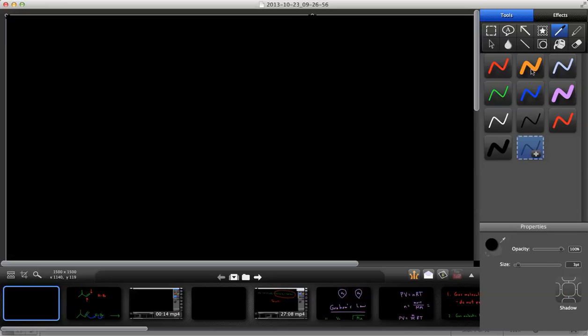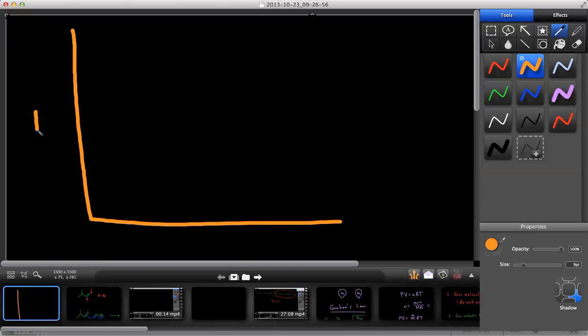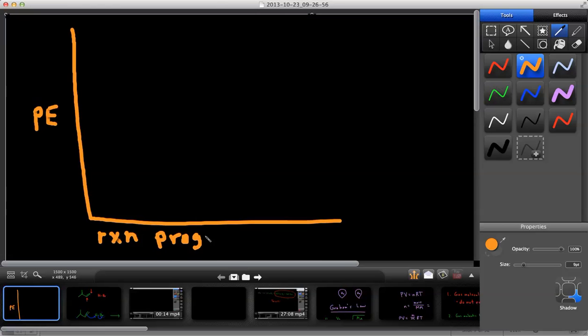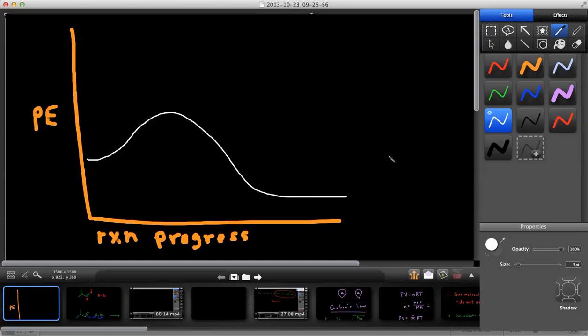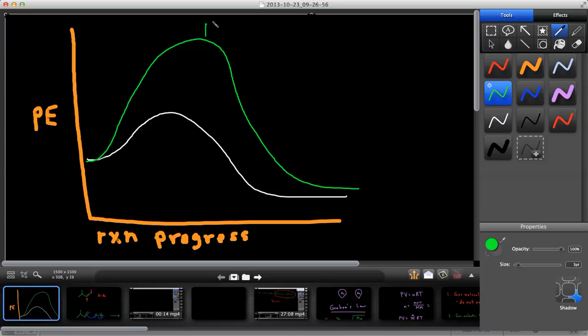So I'm just going to show potential energy as a function of reaction progress. This would be the formation of the primary carbocation.